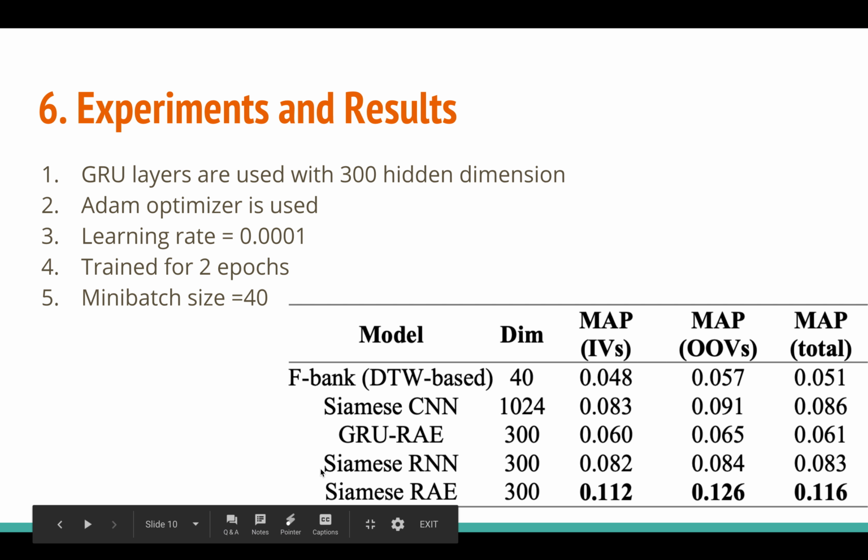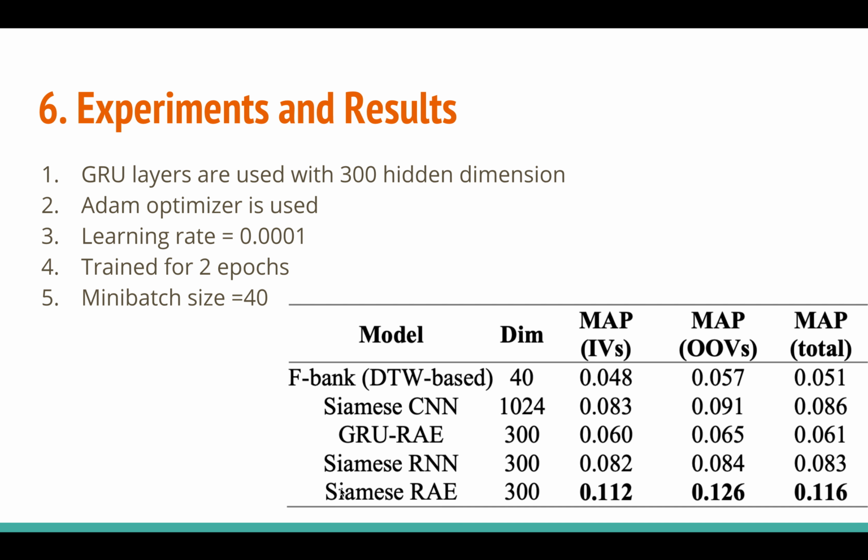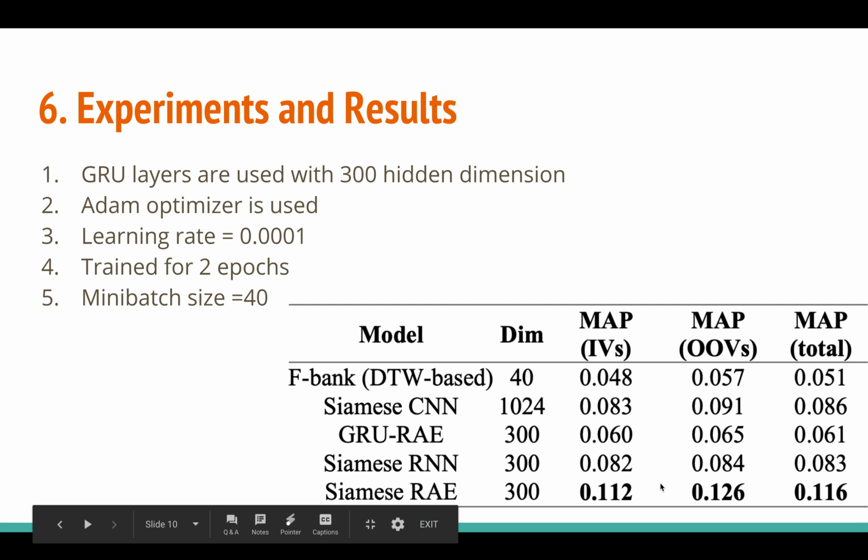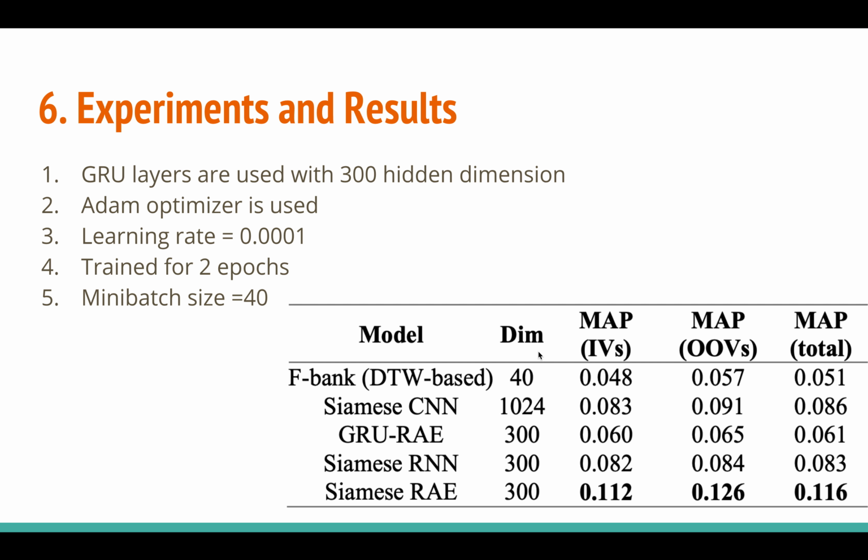And they have the CMS network, and as we can see here, the Siamese recurrent autoencoder is the state of the art, at least for this Chinese human interaction data, which has 500,000 sentences, out of which they get 50,000 utterances.